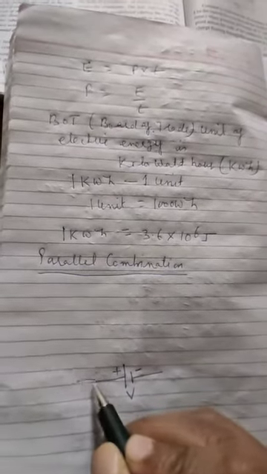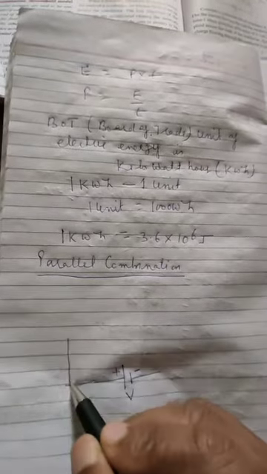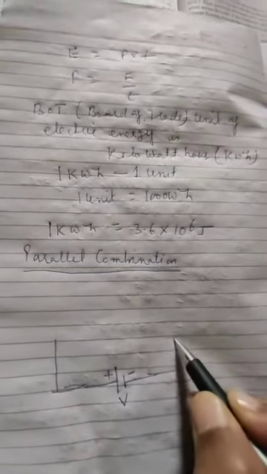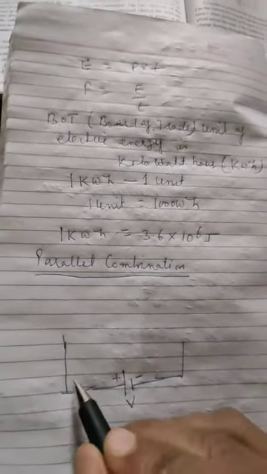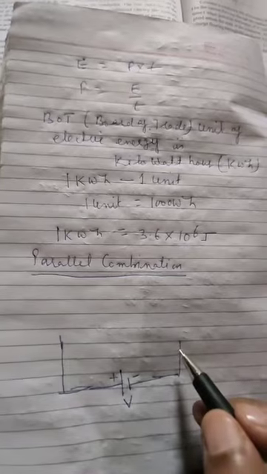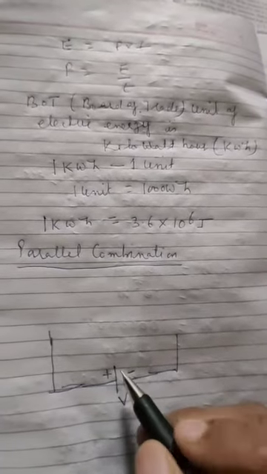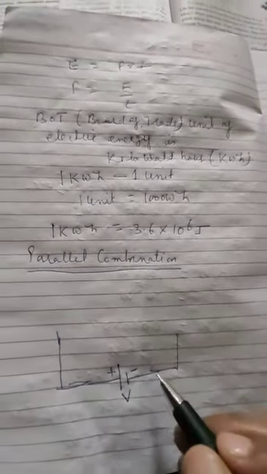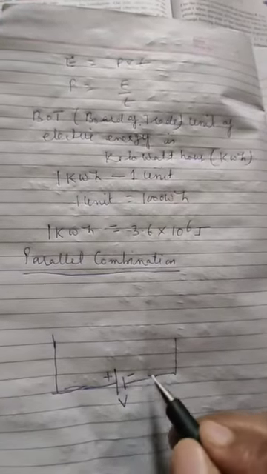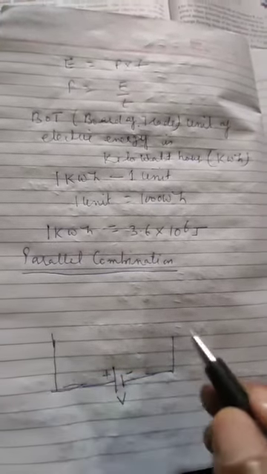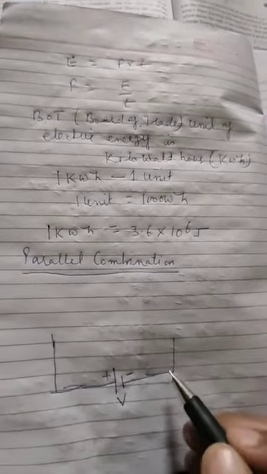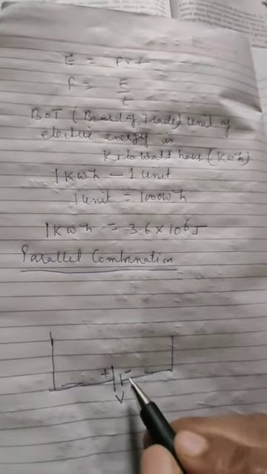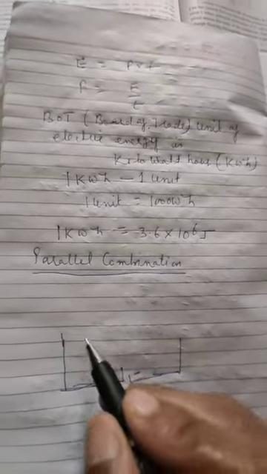It is represented by V. Now the current always flows from positive to negative, and the electrons flow from negative to positive. Once again students, current always flows from positive to negative, and the electrons flow from negative to positive.